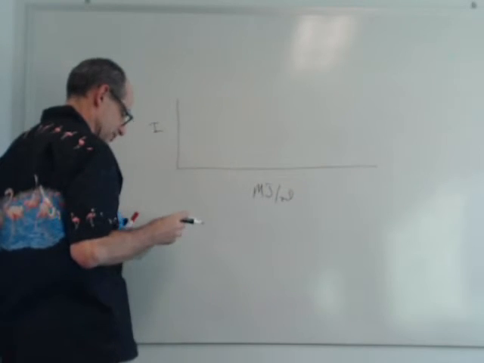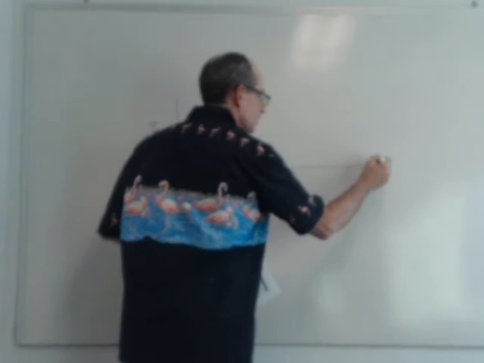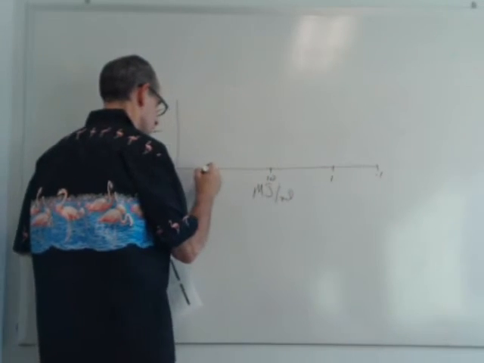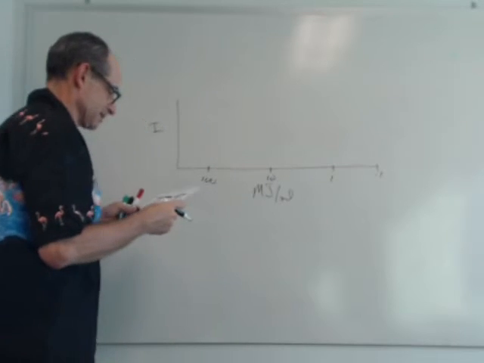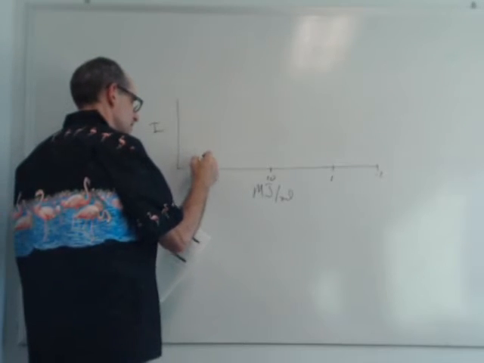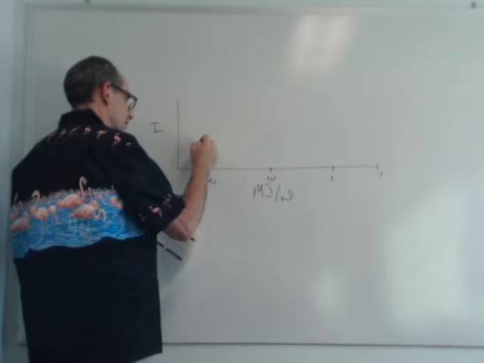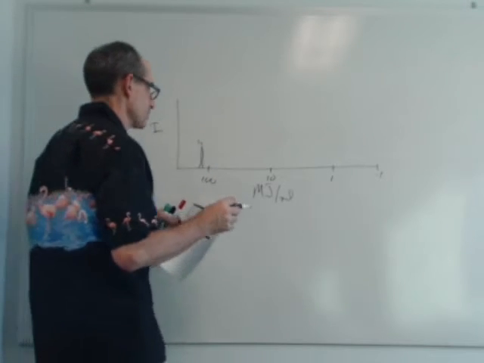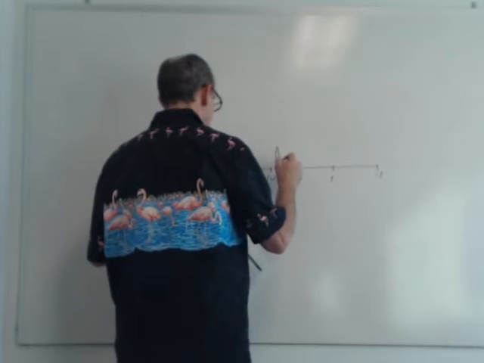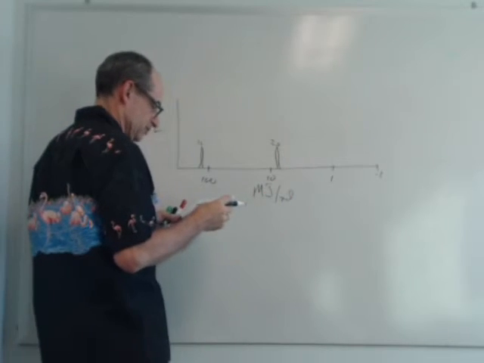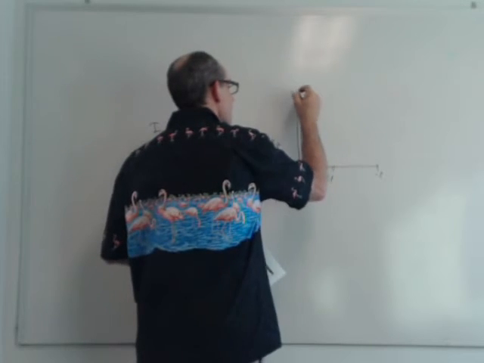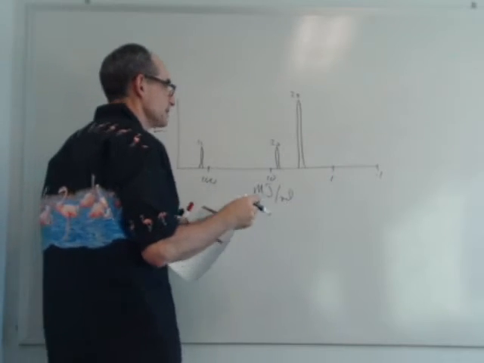Intensity here, megajoules per mole, and we'll have 0.1, 1, 10, 100. So magnesium has a peak here, which would be the 1s peak, a little bit more than 100. A 2s peak, a 2p peak, and a 3s peak.